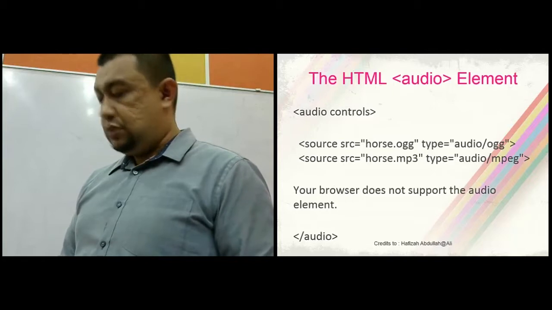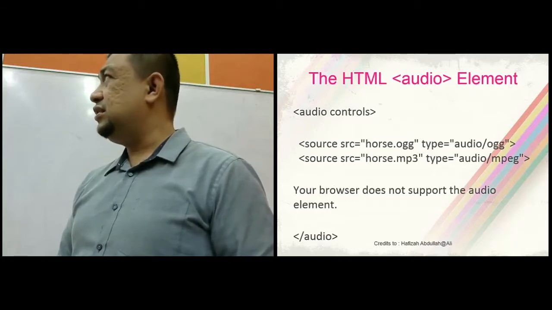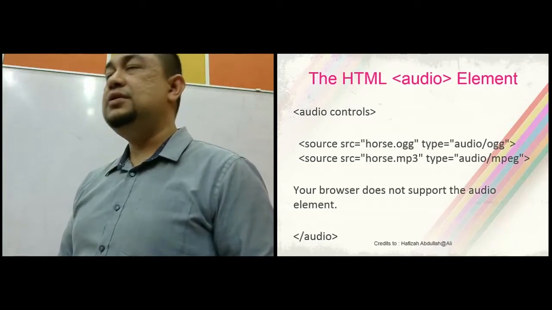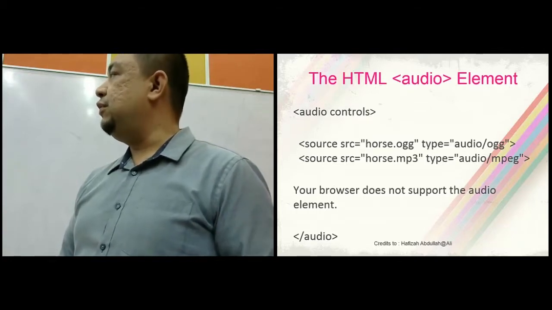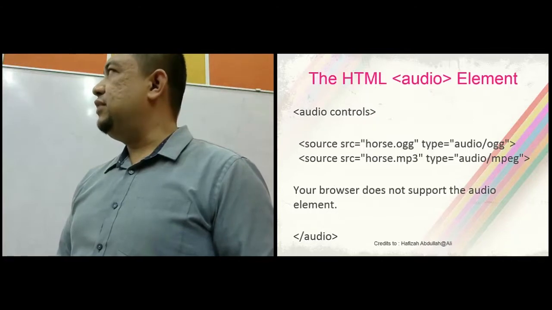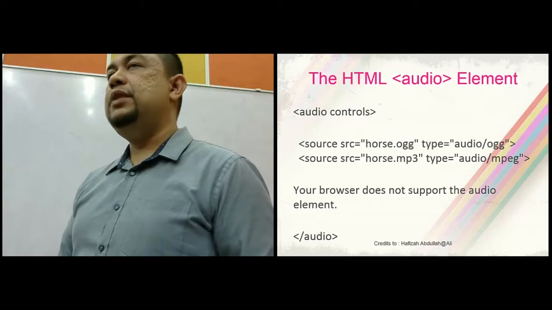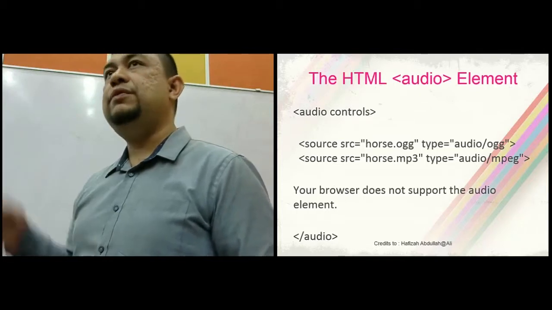Then we can include the source of that audio file. Like we discussed before, HTML5 just supports MP3, OGG, and WAV, but we prefer to use these two types of file.